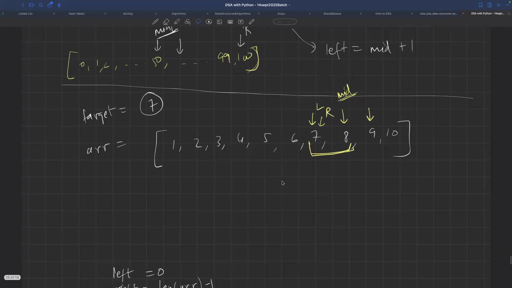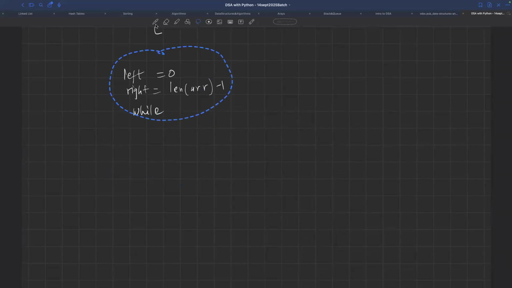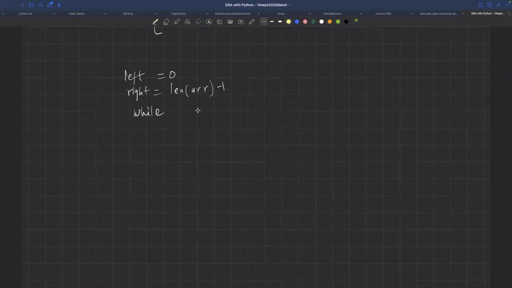Okay. So can we write the complete logic now? Guys, is everyone following? Is there anyone who is not understanding? Please tell me now itself. Okay. So what we'll say, while left is less than or equal to right, we'll calculate mid.